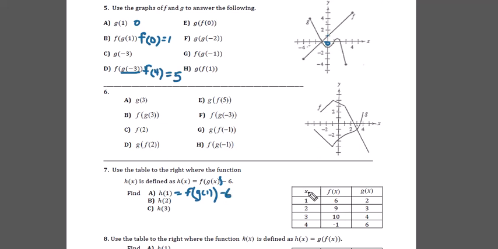Well, you look for the x to be a 1 right here. And g of 1 is 2, so this problem becomes f of 2 minus 6. Now x is 2 right here, so f of 2 is 9. So that's a 9 minus 6, so your answer is 3. So h of 1 equals 3. And that's how these work.